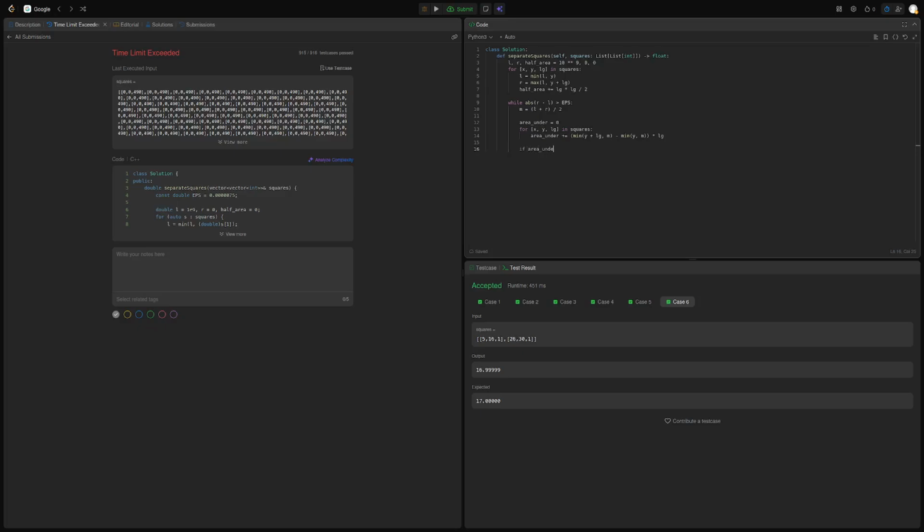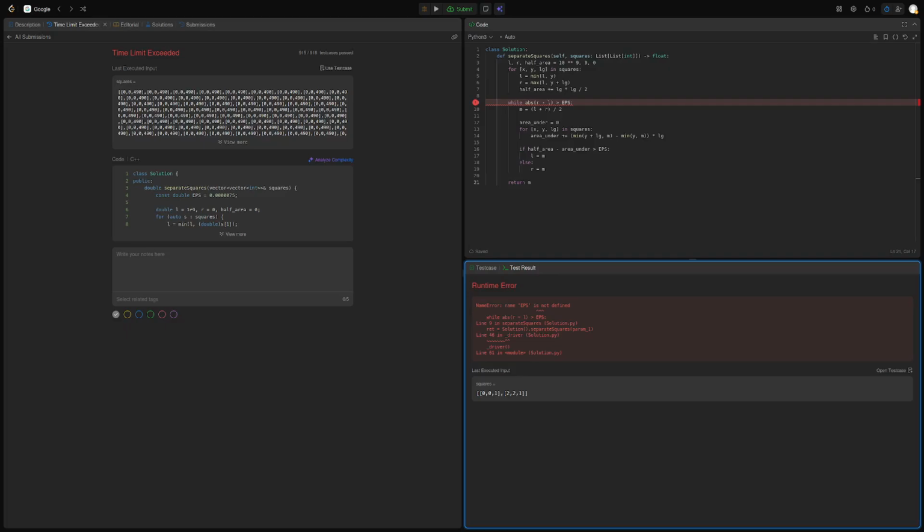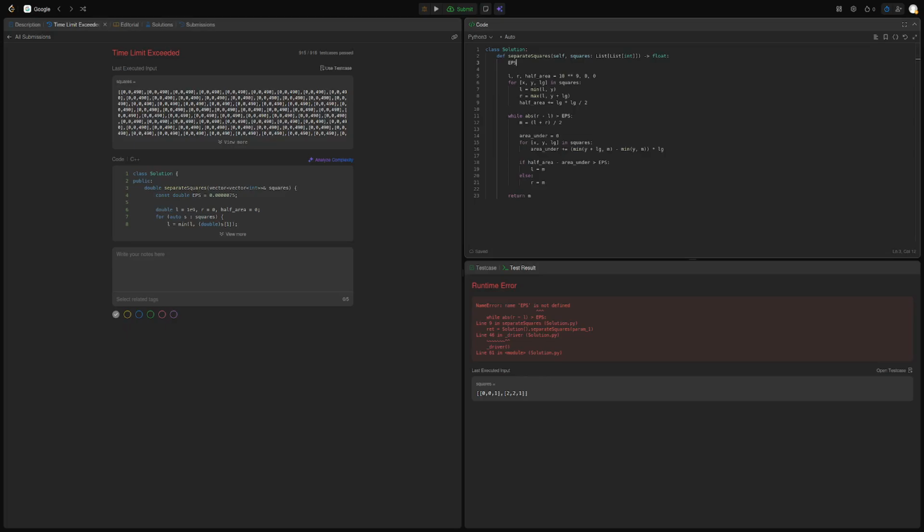If area under, so if half area minus area under over epsilon, L is m. Epsilon.